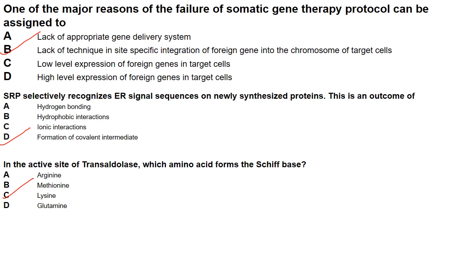So the answer here is selectively recognizes, and this is an outcome of formation of covalent intermediate. Answer is option D.